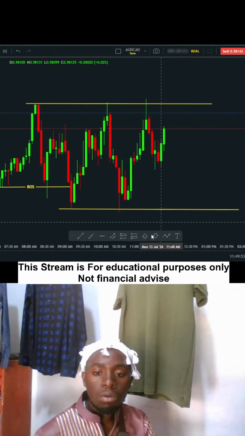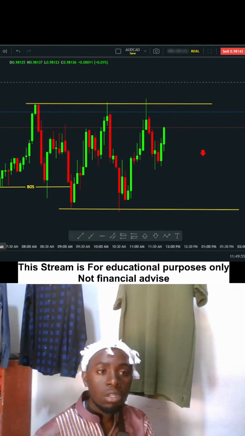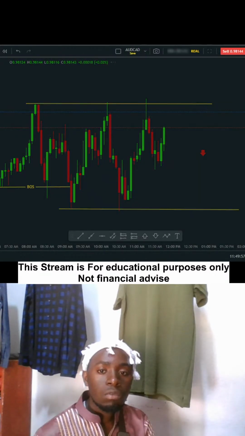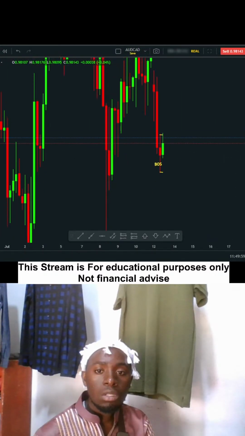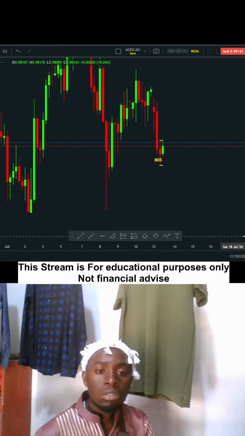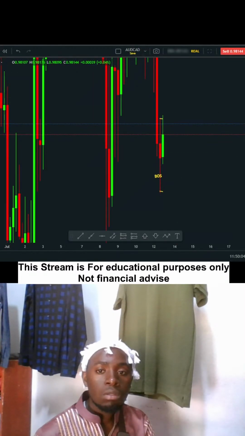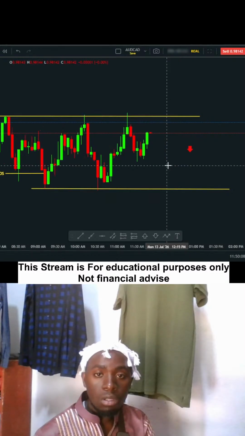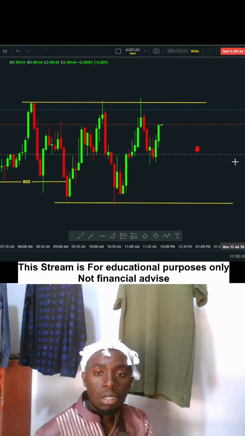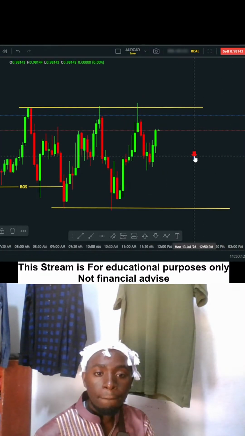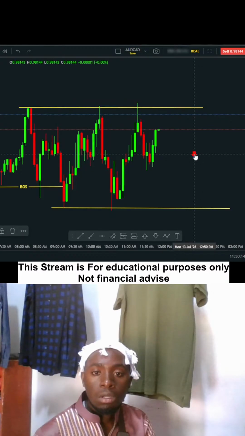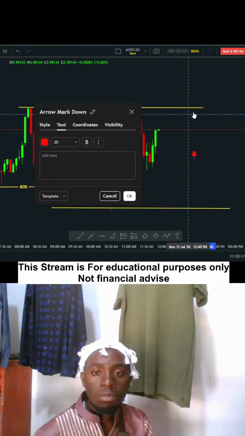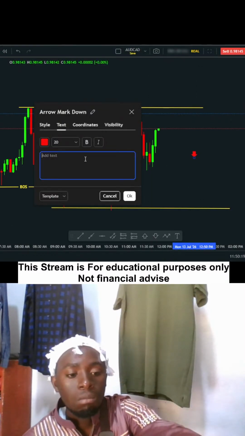Okay, so I'm looking to sell. This is a good setup for me to sell, but I need to get that break of this side right there.